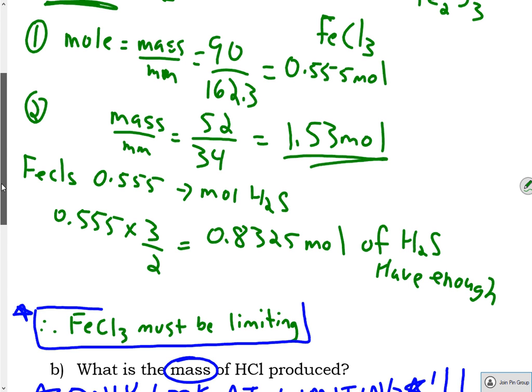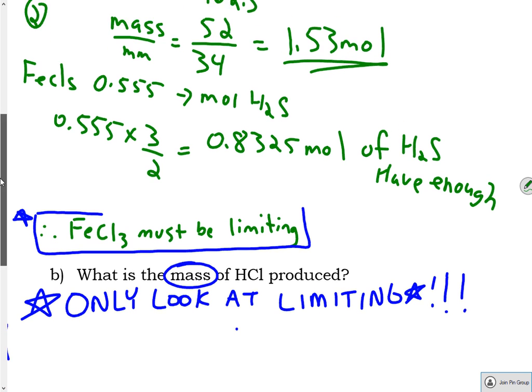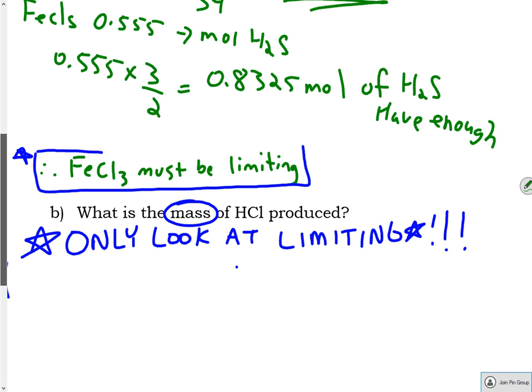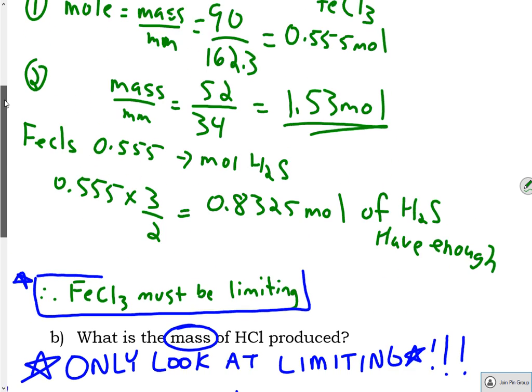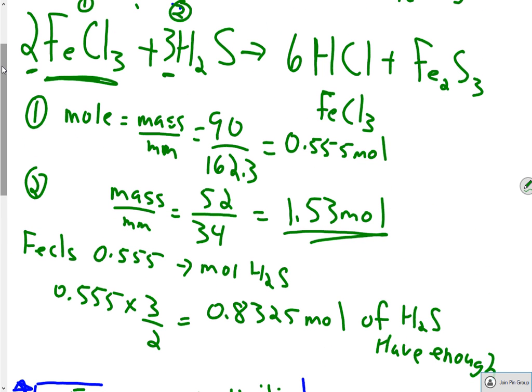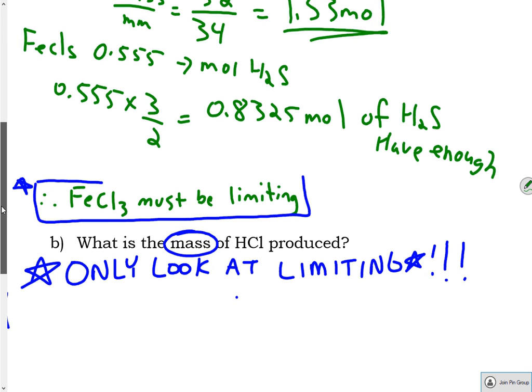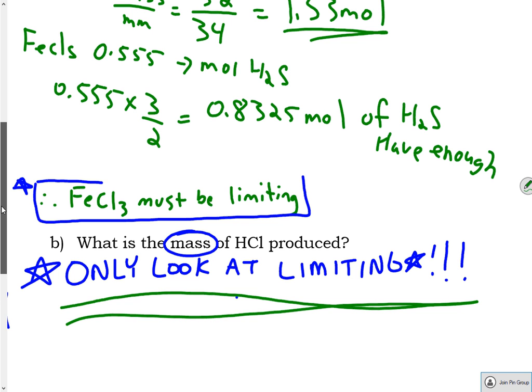Now for the next part of this question, it says, what is the mass of HCl produced? So when you're figuring out that, you're going to use stoichiometry. You're going to go from moles of your reactant to moles of your product, right? So we want to find this guy here. When you're doing limiting reagent questions, the golden rule, you look only at the moles of your limiting reagent. Only use those ones. Okay?